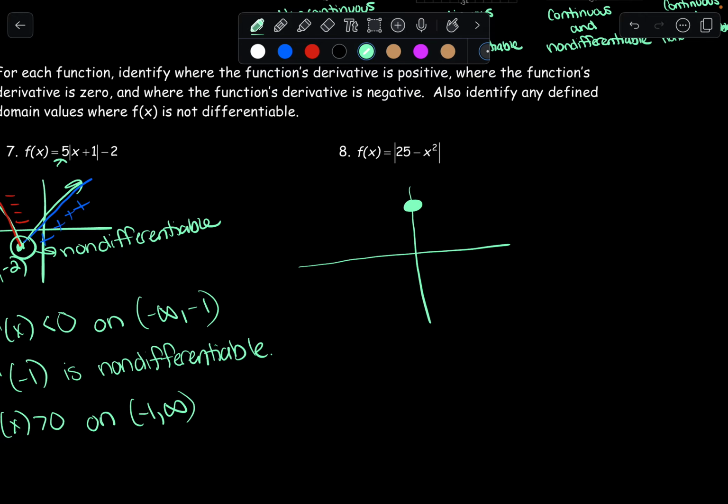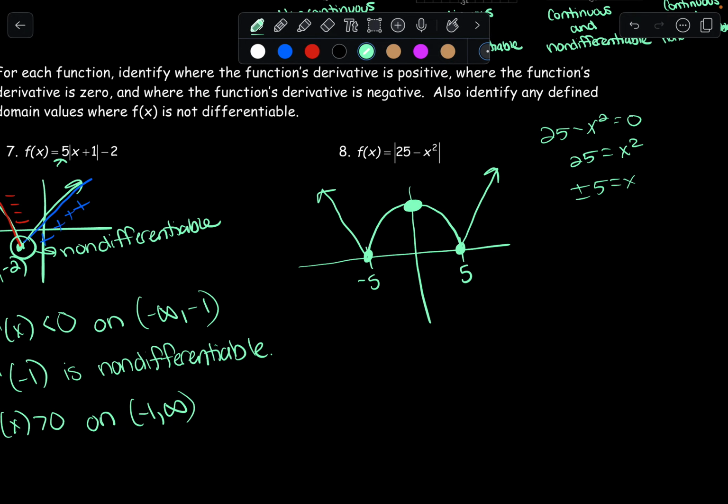All right, so if it's facing downward, it's going to be hitting the x-axis, and then due to the absolute value transformation, the tail ends are going to bounce up. Now, hopefully you recall how to figure out what points these are, because you have to mark the non-differentiable points. This should be -5 and +5. So if you have 25 minus x squared equal to 0, 25 equals x squared, you end up with plus or minus 5 is equal to x, and that's going to be your x-intercepts, okay?